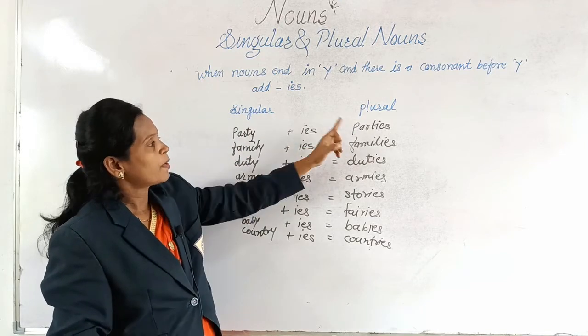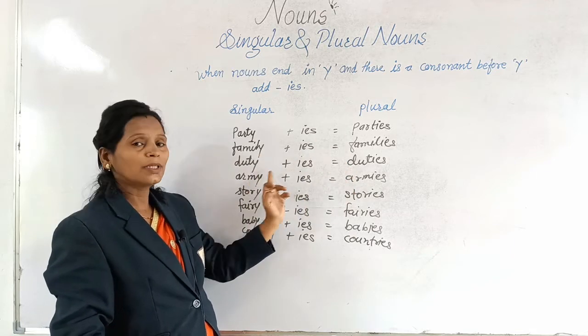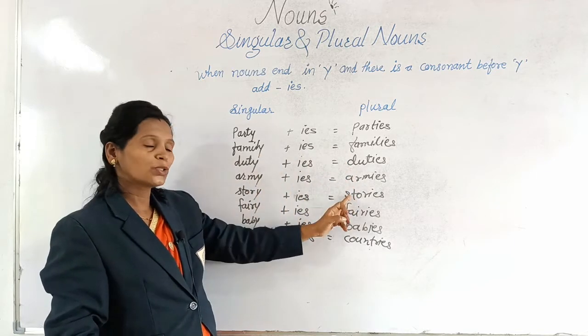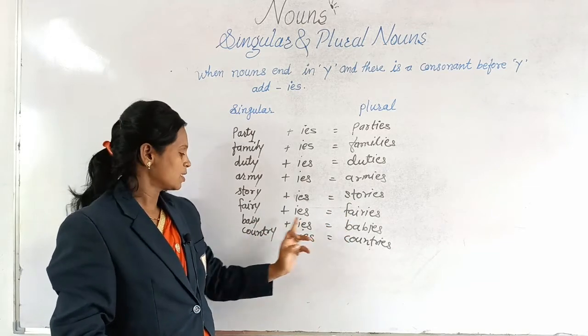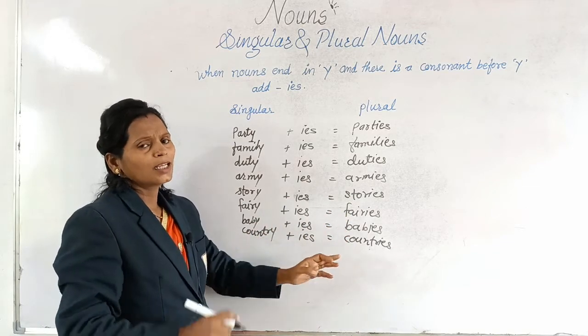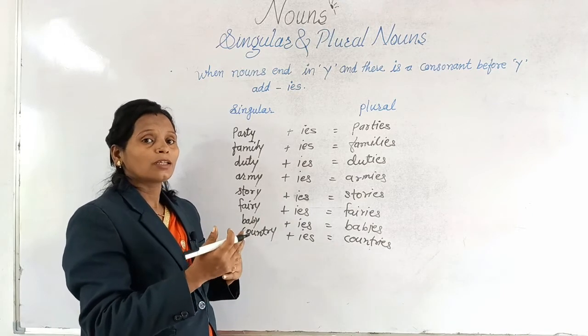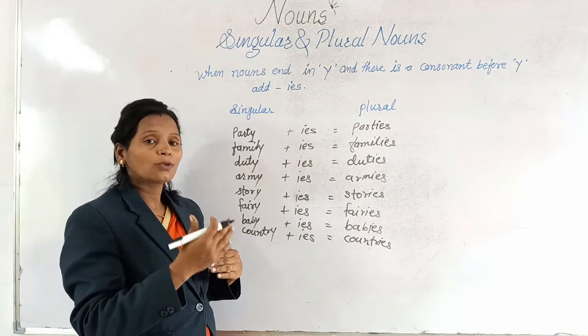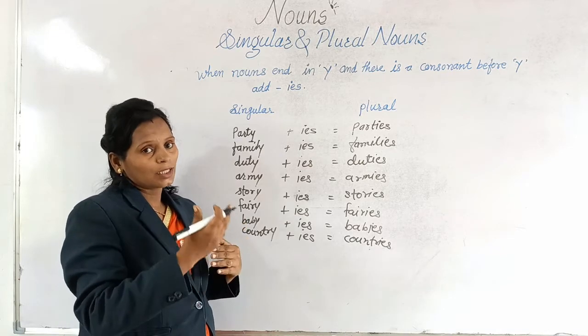So party, parties; family, families; duty, duties; army, armies; story, stories; fairy, fairies; baby, babies; country, countries. Next, see some more examples about nouns ending in y, but where before the y letter we have vowels. So what do we add after the y letter?